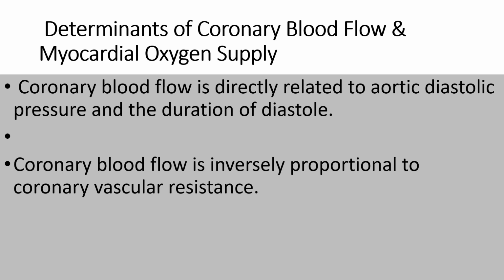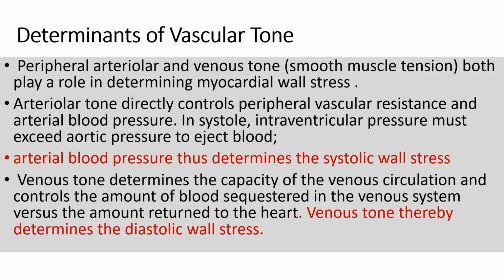What does this mean? The more the aortic diastolic pressure and the longer the duration of diastole, the more blood flow you have in the coronary vessels. The less the coronary vascular resistance in the coronary vessels, the more coronary blood flow there will be, right?